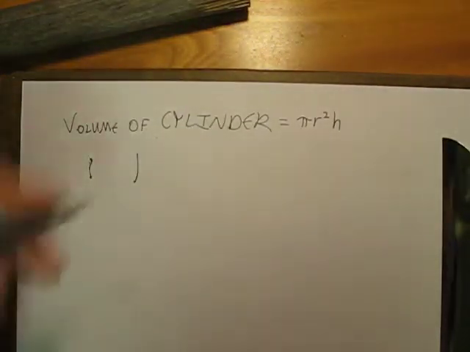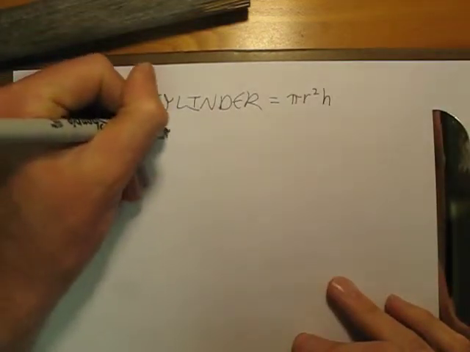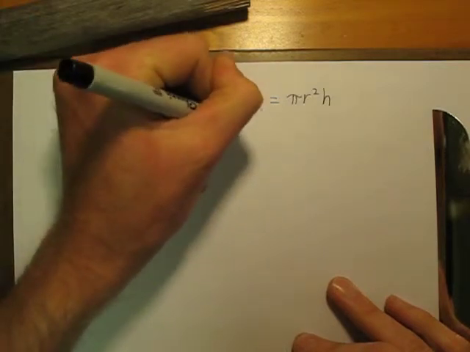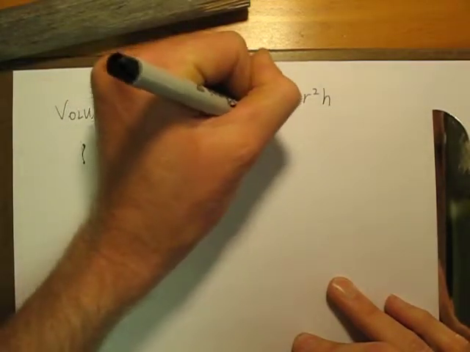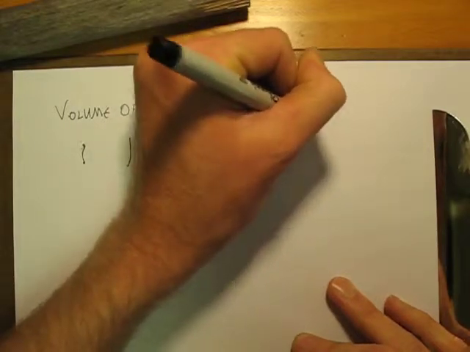So I'm going to say diameter equals 2.9 centimeters plus or minus 0.1 centimeters.